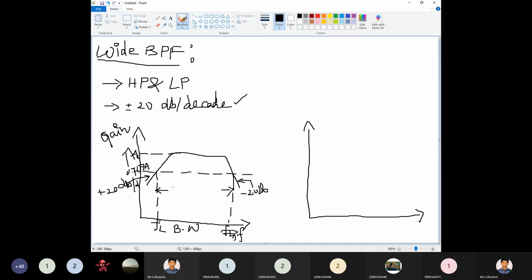If the signal frequency is not between these two ranges, your circuit will stop the input signal. So this is the stop band region. This is the pass band.